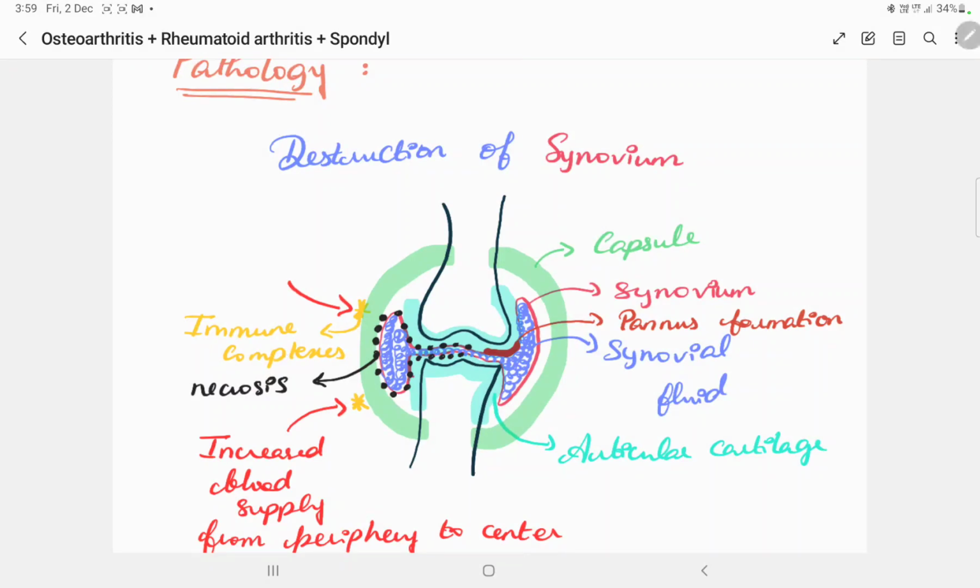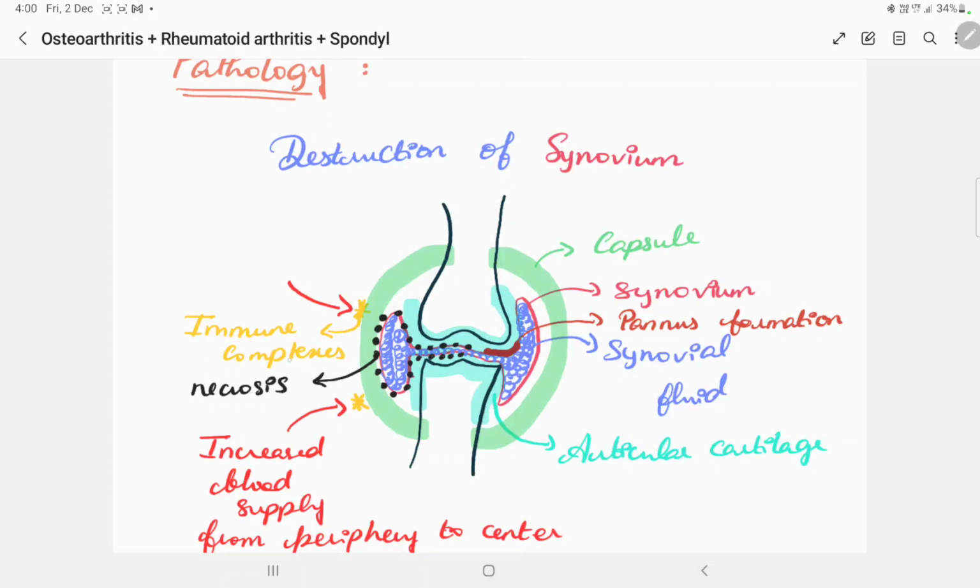Another thing is, since it is an inflammatory condition, there's always going to be an increase in blood supply. When there's an increase in blood supply, there is going to be abnormal proliferation of microvascular structures, and that will lead to pannus formation. That is one pathogenic feature.